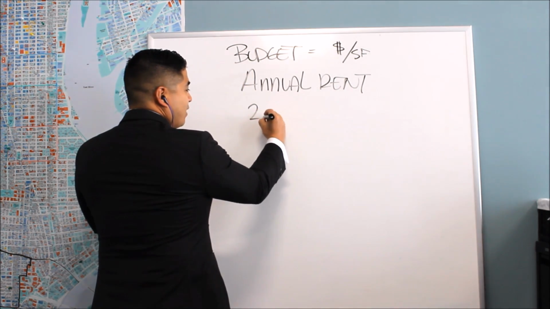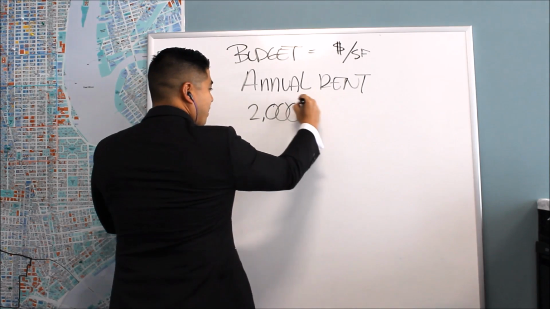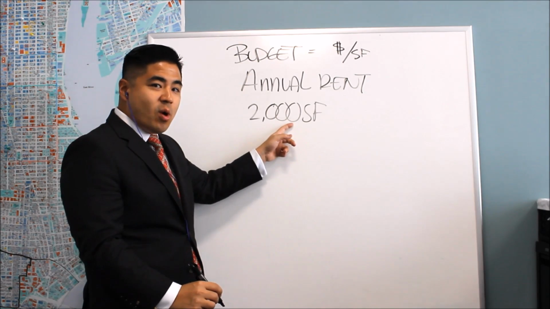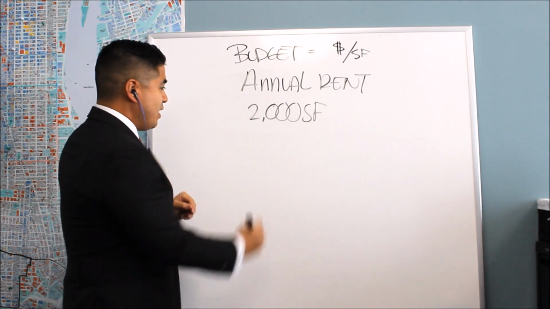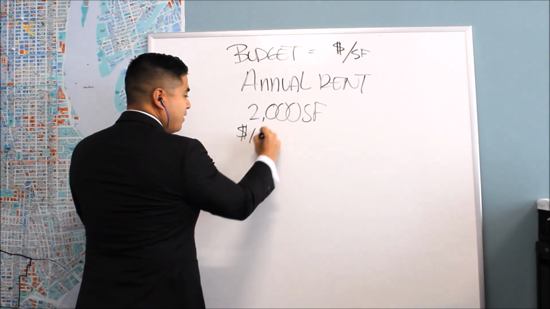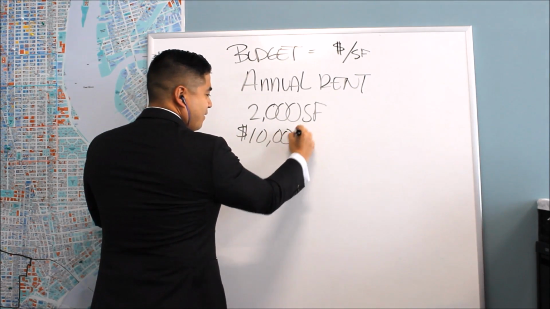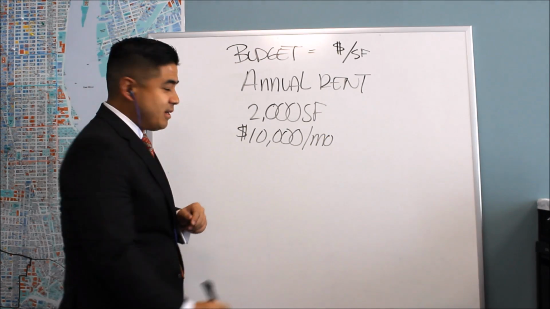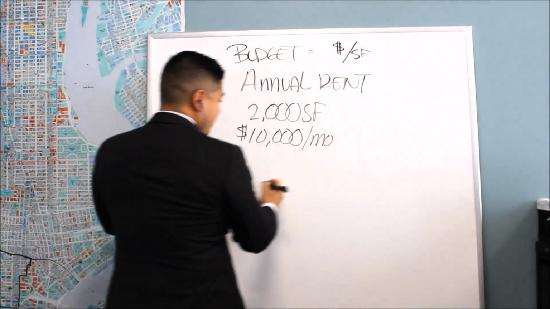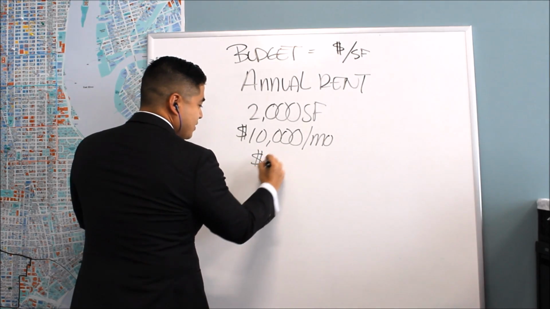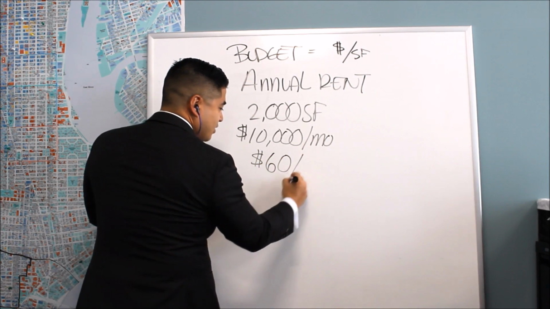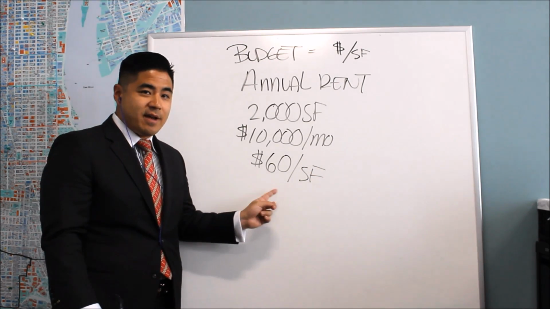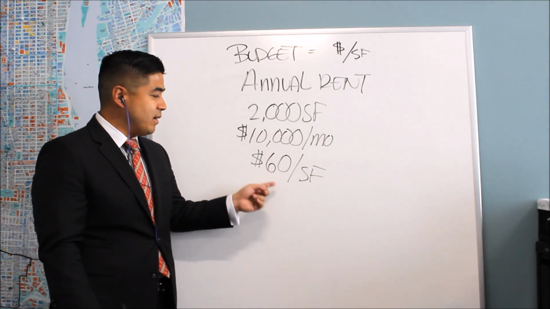So 2,000 square feet is the square footage that you require, and you have a budget of $10,000 a month. That means that you have a budget of $60 per square foot.